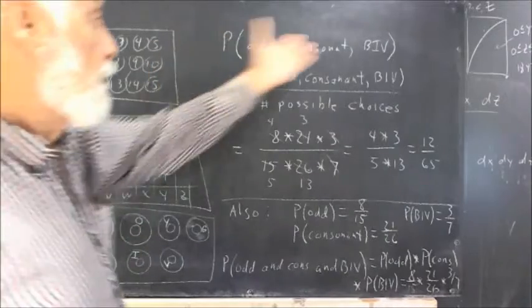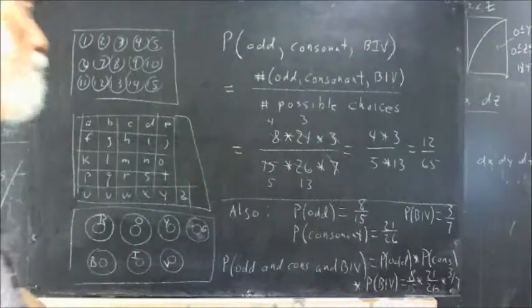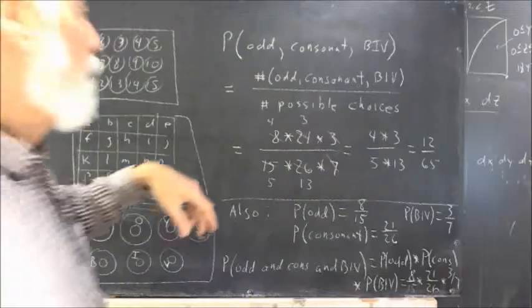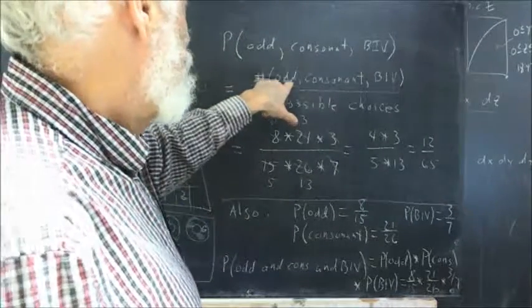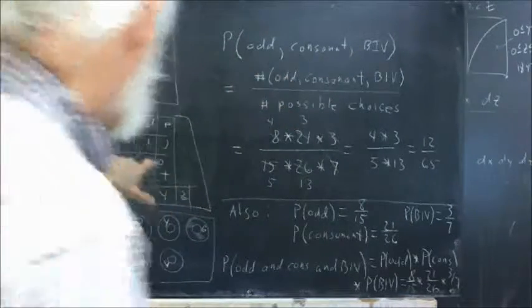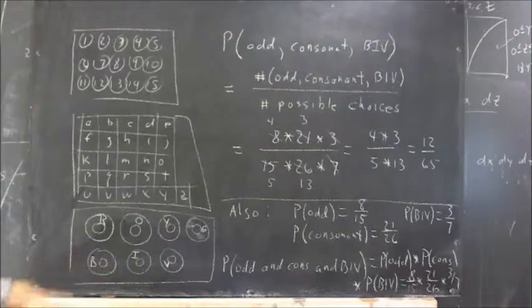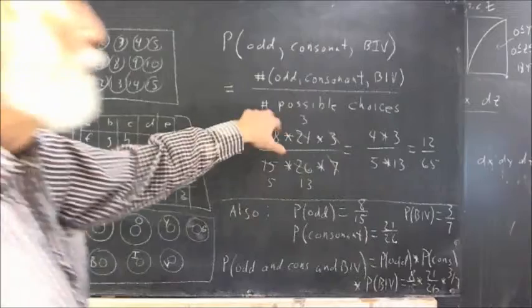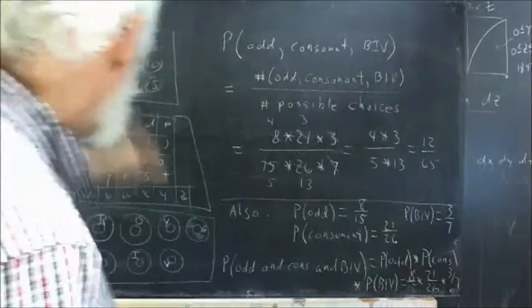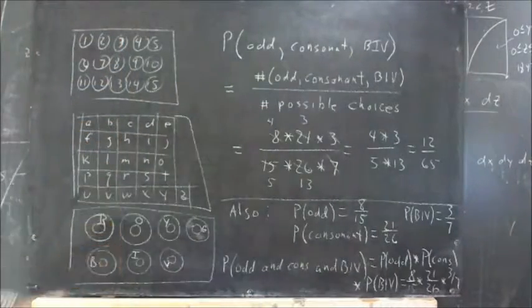So, what's the probability? Well, probability is going to be the number of ways that we can get an odd from the first, a consonant from the second, and a blue, indigo, or violet from the third ring, divided by the total number of possible choices when we choose one from each box.